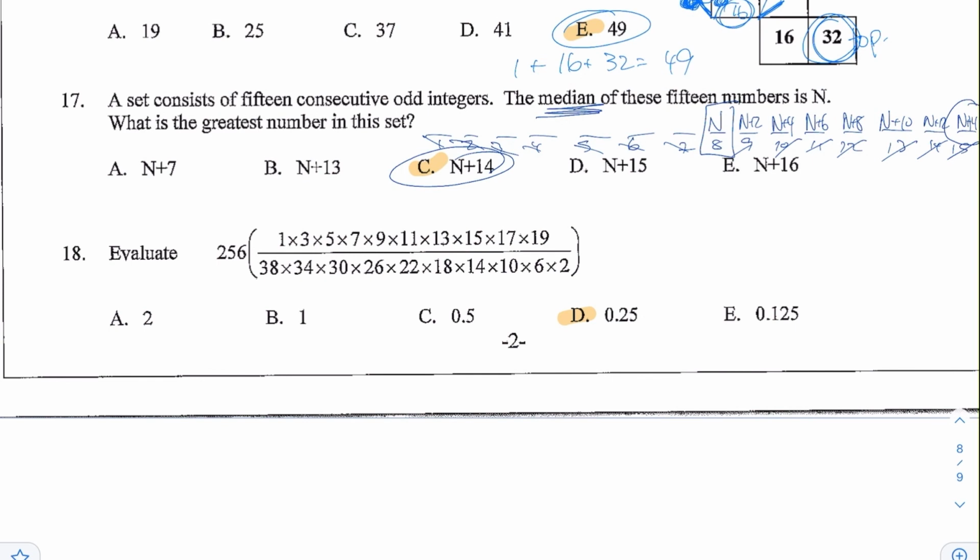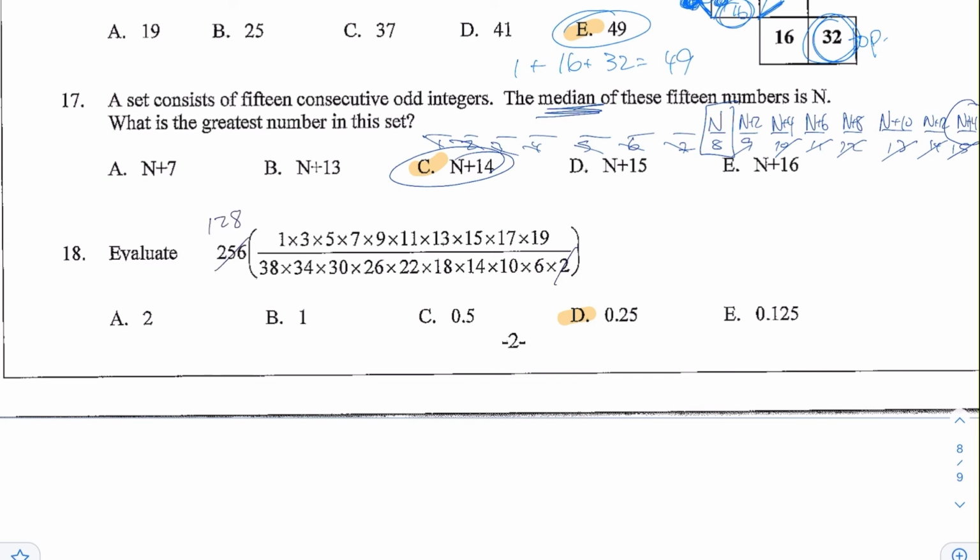Next, for number 18, you had to evaluate 256 times this whole big product. Now, one thing you can do is try to cross cancel if possible. So look for some patterns here to try to cancel some of these factors out. 256 can cross cancel with this 2 from 128.